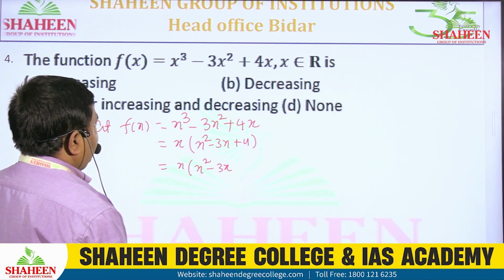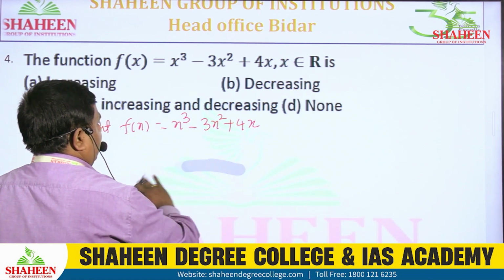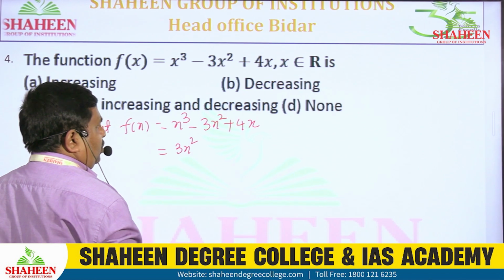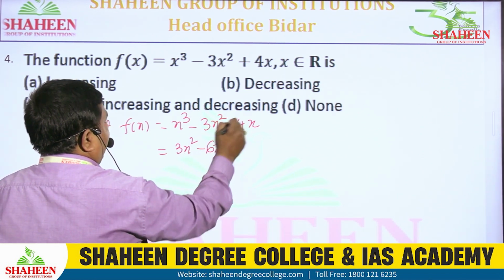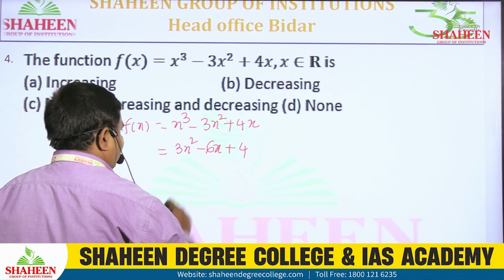Okay, we are getting this. Let us differentiate this function. x cube is 3x square, minus 3x square derivative is 6x, and plus 4x derivative is plus 4.